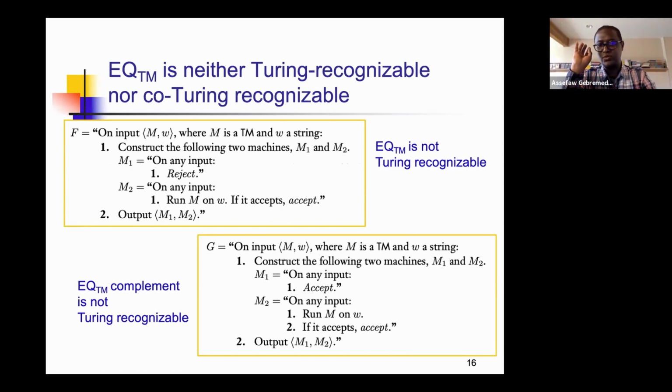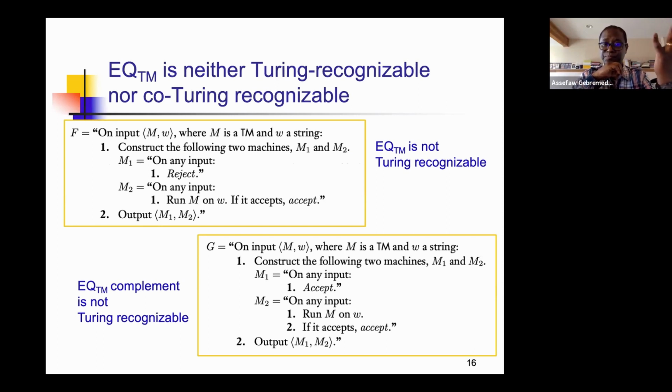The top box will show EQTM is not Turing recognizable, and the bottom part will show EQTM complement is not Turing recognizable. For the purpose we have now, forget the bottom part and let's look at the part where EQTM is not recognizable. And so what are we going to do?